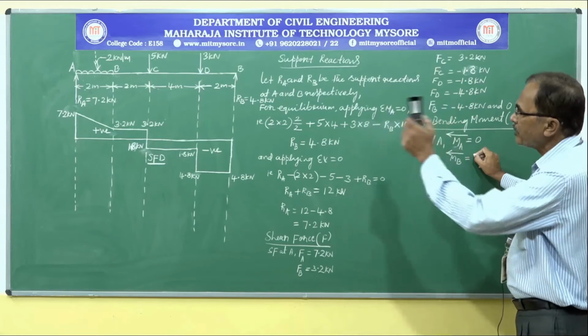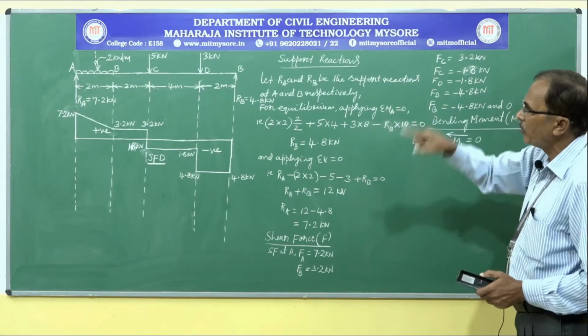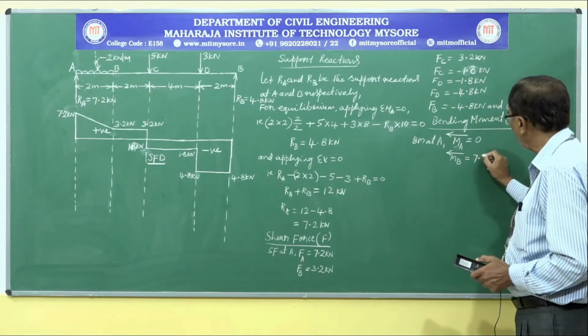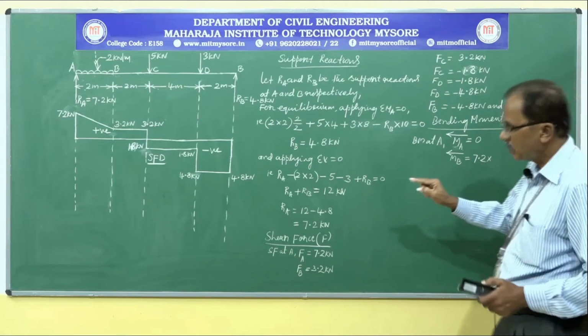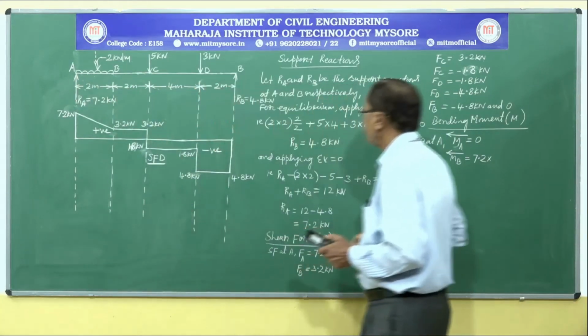If you consider the bending moment due to the support reaction, since it is creating a clockwise moment about point B, it is positive: 7.2 into the distance, which is 2 meter, 7.2 into 2.